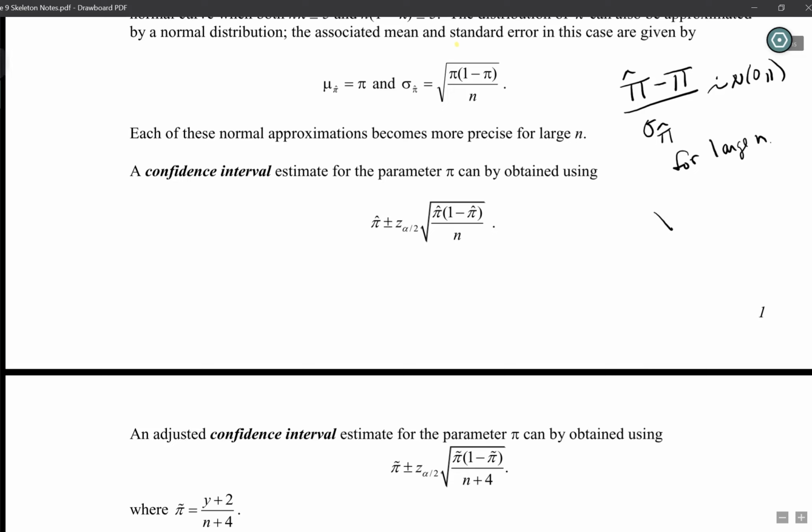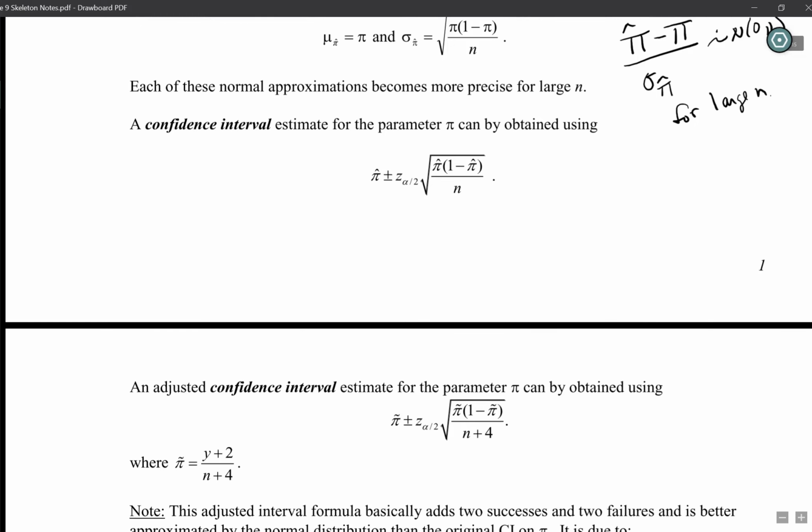Let's look at this formula briefly. Notice here it's a point estimate plus or minus a z percentile times the estimated standard error, or estimated standard deviation, of pi hat. And so we're going to use that formula here. That's called the confidence interval for pi.